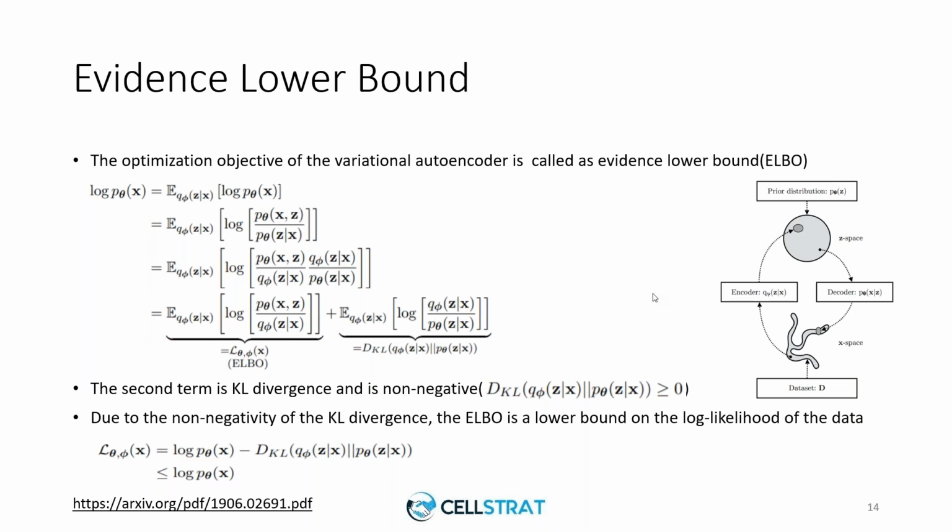DKL has to be minimized or maximized? The intent is to minimize DKL and maximize our variational lower bound. So in that case, ELBO has to go up. Yeah, definitely.